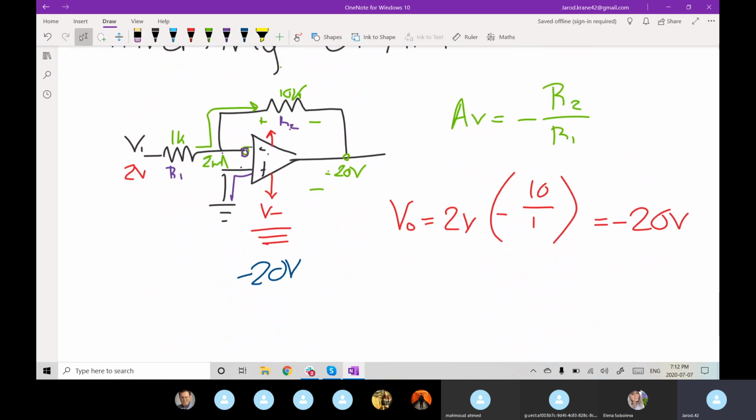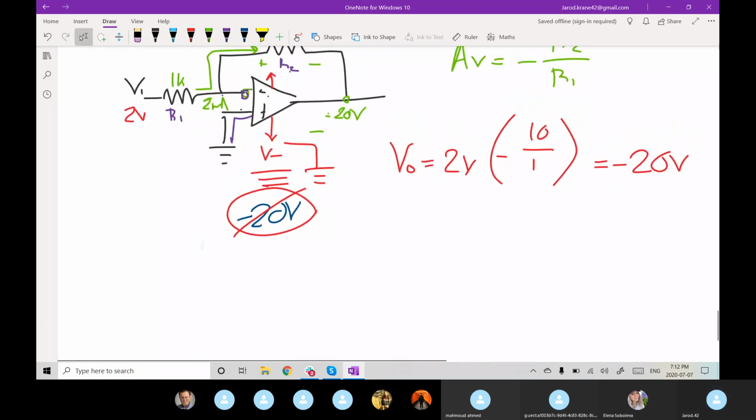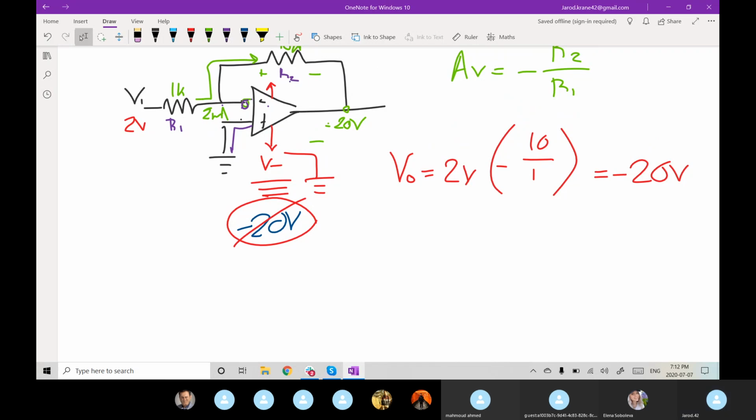How am I able to do that if, for some reason, I don't have any access to a negative voltage? All I have is I can send this to ground. Any ideas?